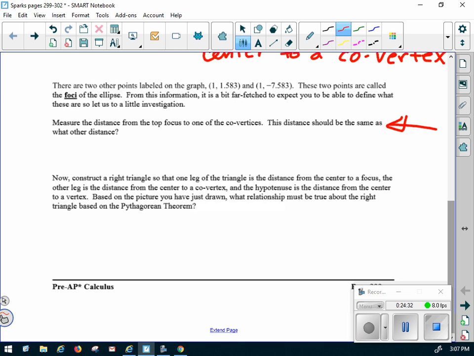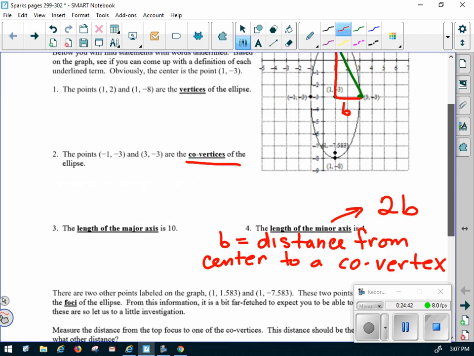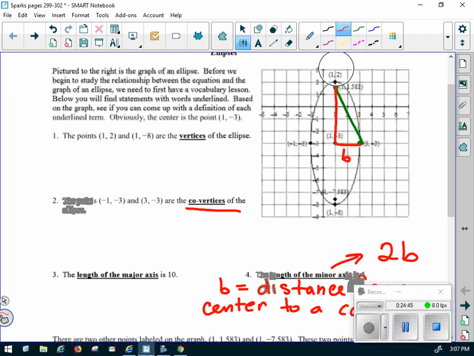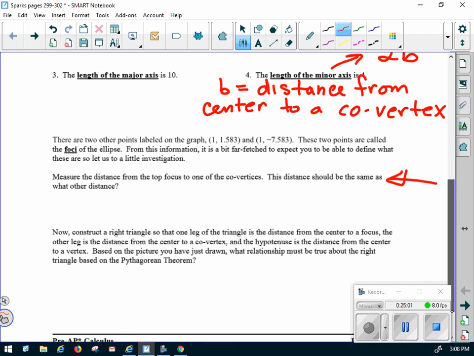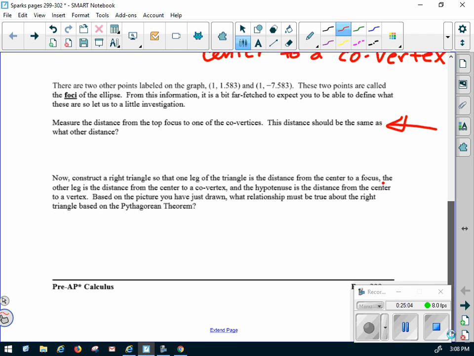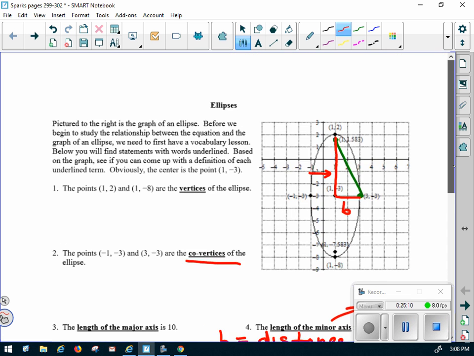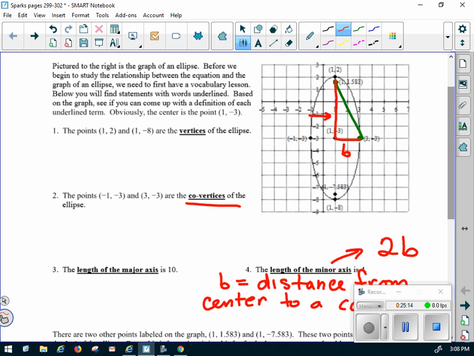All right. Now it says construct a right triangle so that one leg of the triangle is the distance from the center to a focus. So do that. Draw that leg right there from the center to the focus. Then the other leg is the distance from the center to a co-vertex. That's this one.